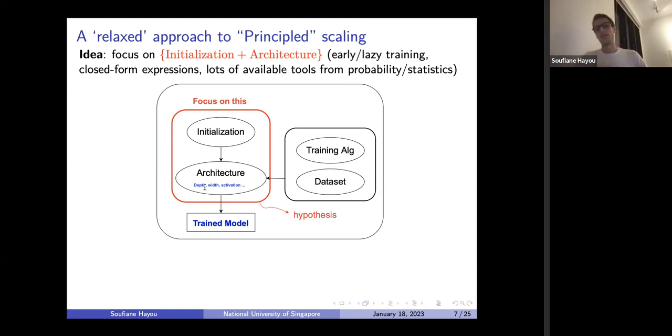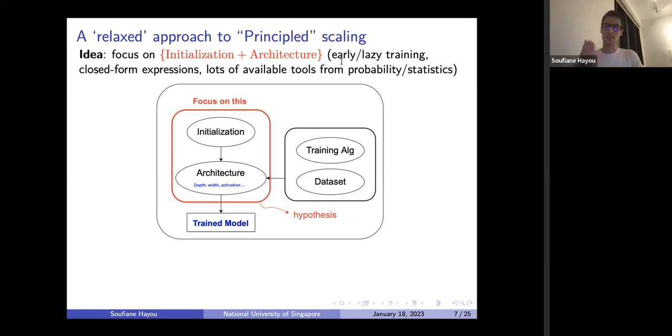You can think also of the gradients, etc., and then come up with some hypothesis about how we scale this neural network, or this system in general, right? And why is this important? So, as I said before, initialization gives you very good insights about what happens during early training, right?